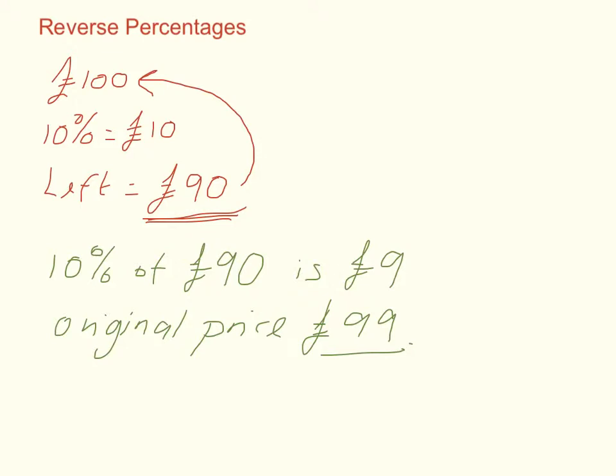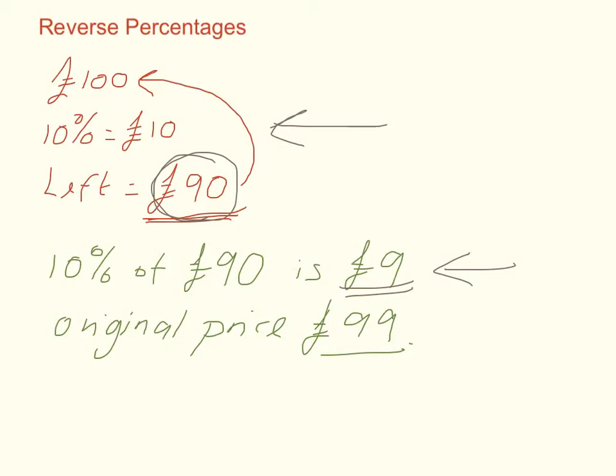Well, this is quite embarrassing, because we took off 10% and we got to our £90, and then we found 10% and we added it. Oh, that went wrong, didn't it? 10% up here was £10, whereas 10% here was £9.